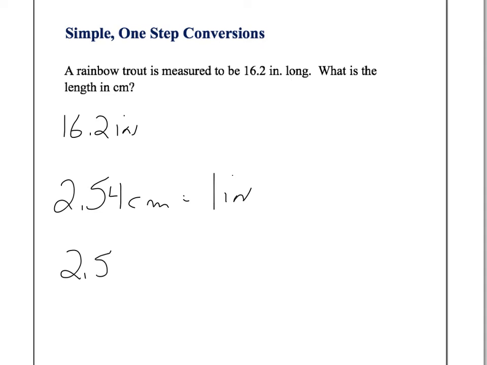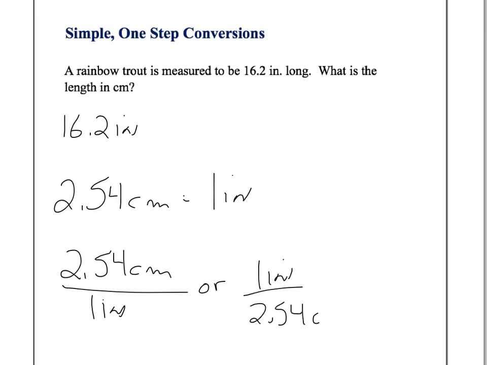And what this gives us is 2 possible conversion factors. So we could either put 2.54 centimeters over 1 inch, or we could put 1 inch over 2.54 centimeters.